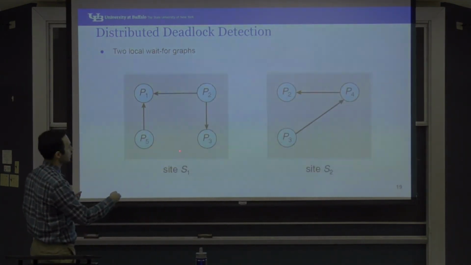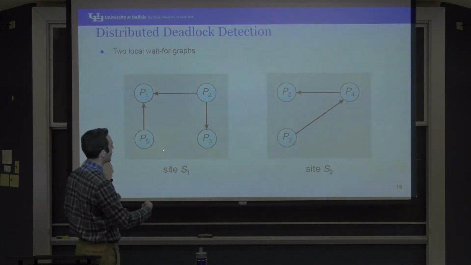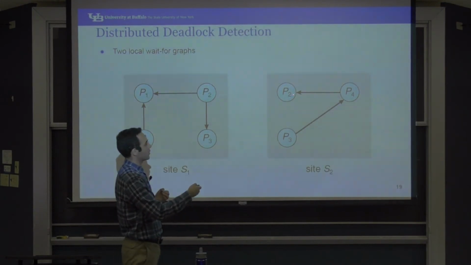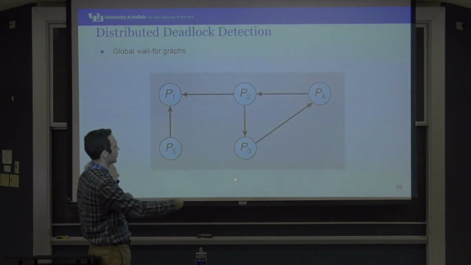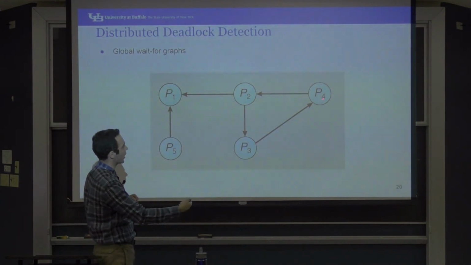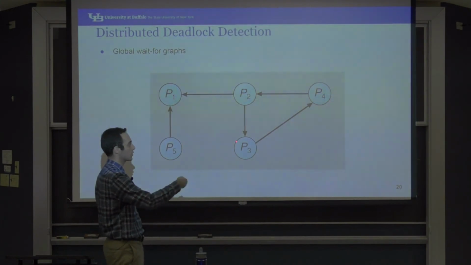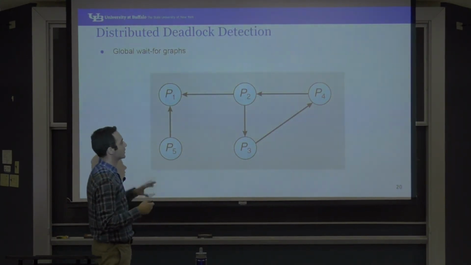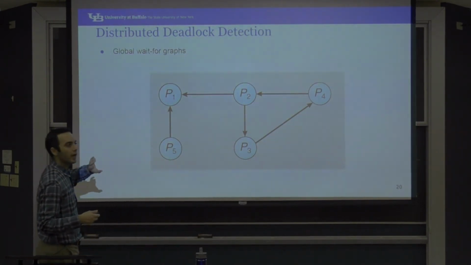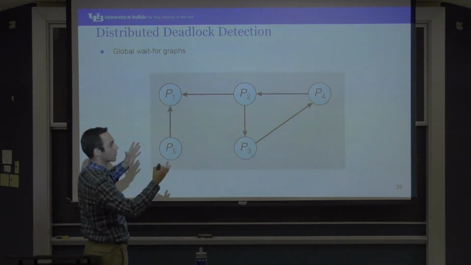So this information from P1, 2, 3, and 5, and this information from P2, 3, and 4. If you combine them together, you get the global picture, and now you can tell, okay, P4 is waiting for P2, P2 is waiting for P3, P3 is waiting for P4, so you have a deadlock over here with these processes. Okay? So this is the centralized approach, so you have to have the global picture, and everyone should send their information to it.